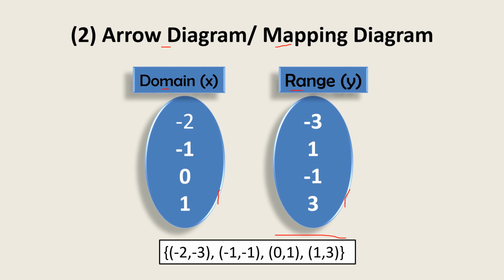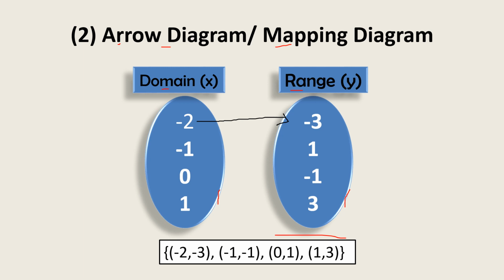Connecting using what? Using arrow. Okay? So, i-connect natin yung domain, gagamit na ako ng ibang color. Black muna. Okay. I-connect ko si -2. According to relation kasi, -2 is related to -3. Okay. I-connect natin siya like that.